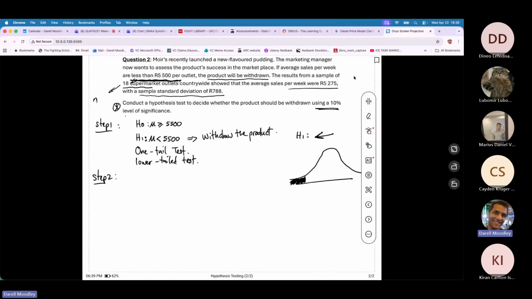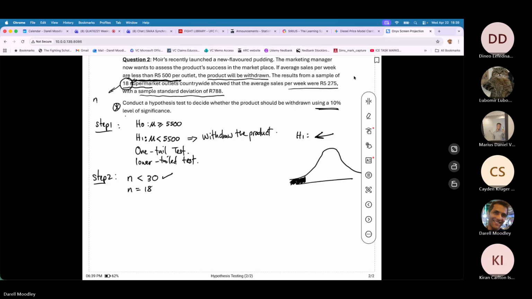So what you need to look at is your sample size. Your sample size is 18. So if your sample size is less than 30, and in our case it is, because our sample size is 18. So check your sample size is less than 30.